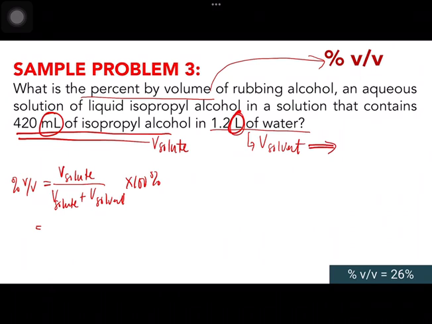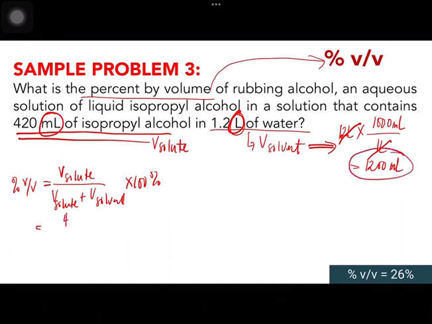So, mas gawin na lang natin itong 1.2 liters, i-convert natin siya to ml. So, I hope you could still remember your conversion. So, in a liter, you have 1,000 ml. So, 1.2 liters, magka-cancel. So, you have 1,200 ml. So, that's the volume of your solvent.